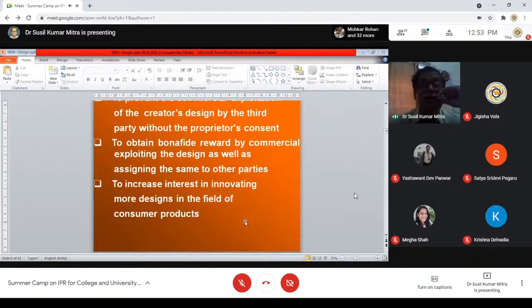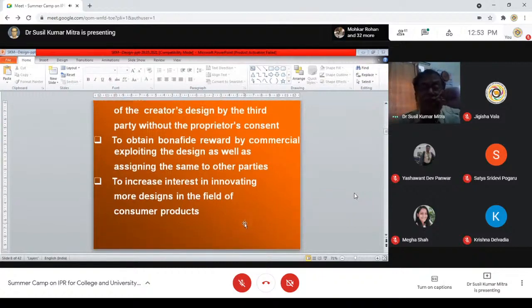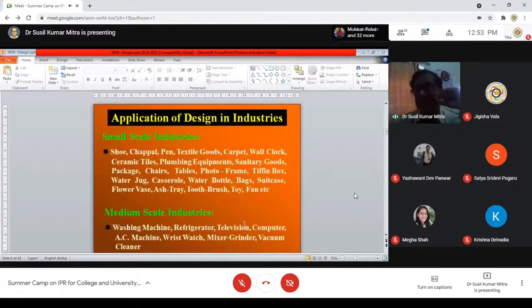Now the thing is the application. If you consider small scale industry products, from shoes and chappals to toothbrushes, toys, fans, everywhere you can find different types of designs, and these designs are registered under different classes. Patents are not registered under different classes, but trademarks and designs are.